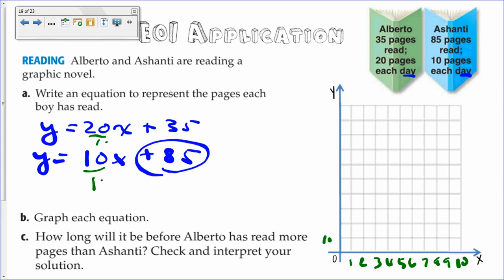Okay, so that first notch is going to be 10, 20, 30, 40, 50, 60, 70, 80, 90. Now I've gotten up to my 85, haven't I? That's my highest number there.